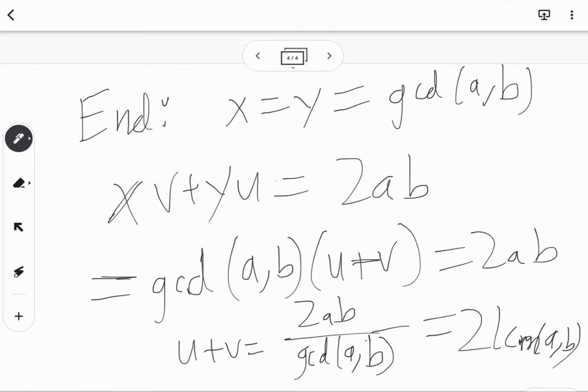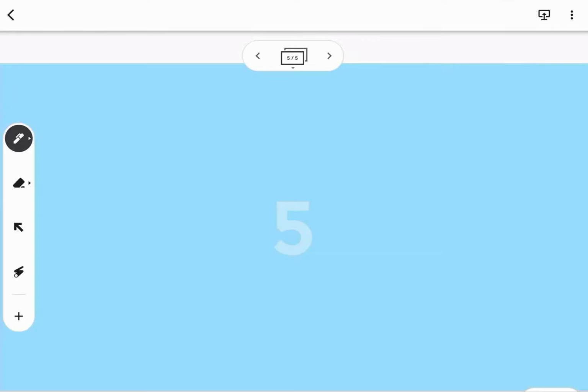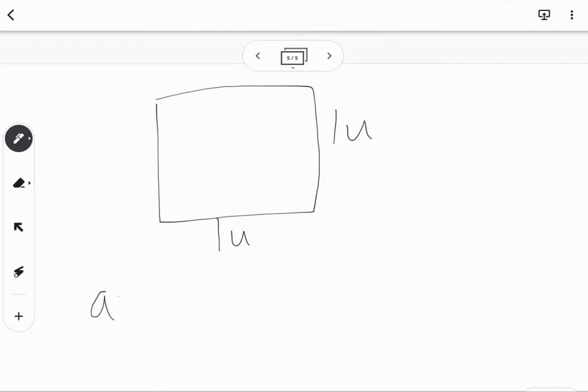Okay, so why don't we go over a couple harder examples? I guess that one was also kind of hard, but why don't we go over some harder ones? I guess this one's not too bad, but it's kind of tricky if you're not thinking about it the correct way. So you have a 1 by 1 unit square, and ants travel at one unit per second. It doesn't say how big the square is, but you only care about the units.